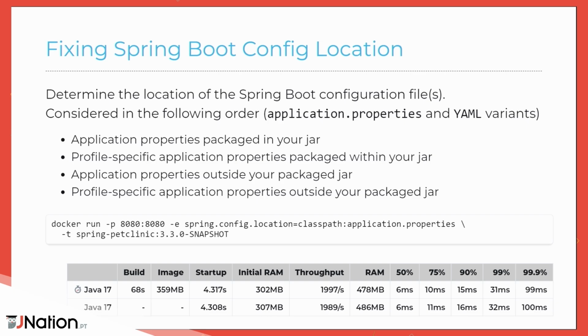Just by specifying where you have these application properties or application YAML files, Spring Boot does not need to do the checks. So you will get a tiny bit of improvement during startup in the end. And all the other numbers stay the same.